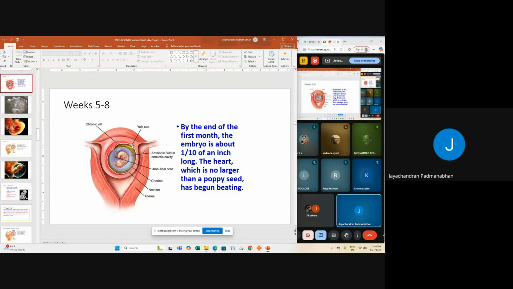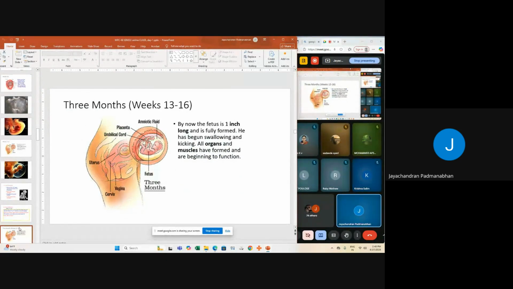Micronutrients like folic acid, iron, multivitamin are required. That's what I'm telling about cognition. Cognition means you must have the knowledge. Why in the first trimester is no additional macronutrient necessary? No additional rice, wheat, if the mother is not underweight. Micronutrients, the doctors will prescribe folic acid, multivitamin, iron, etc. So that is to be given. The first trimester, child is too small, no macronutrient is required.